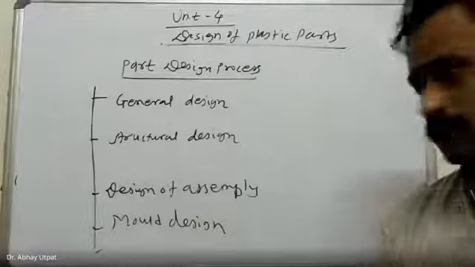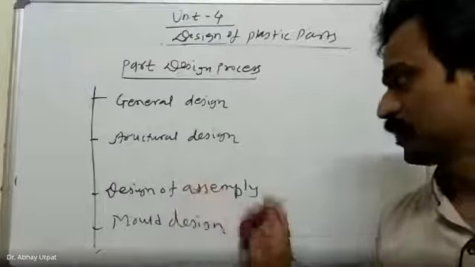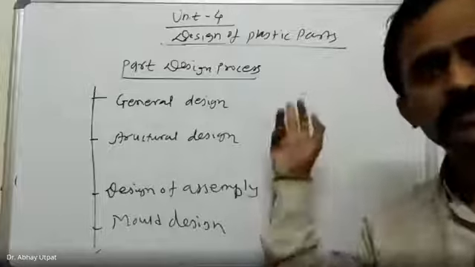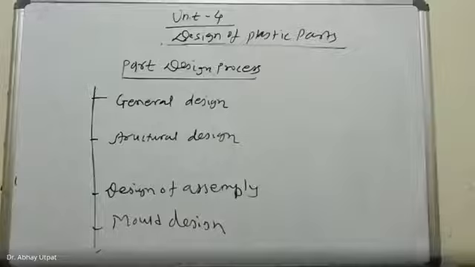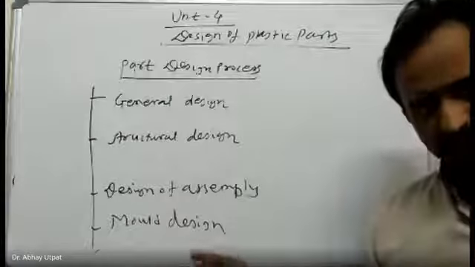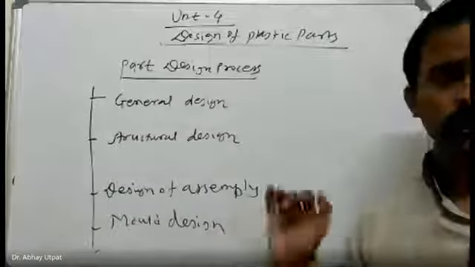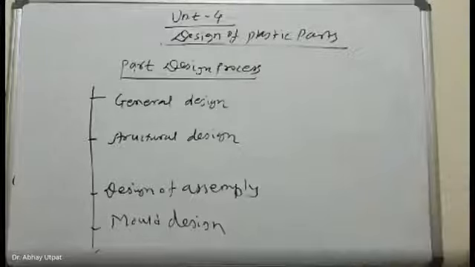It includes, I repeat, general design, structural design, design of assembly, and mold design. In today's class, we will see this one by one. What is the meaning of general design? What is the meaning of structural design? What is the meaning of design of assembly? And what is the meaning and importance of mold design? So next, general design.